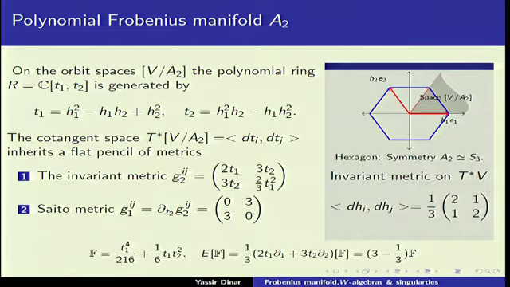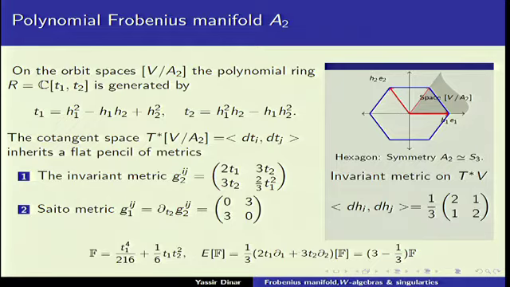These homogeneous polynomials have degrees 2 and 3 in this case of A2, and the cotangent bundle will be defined by the covectors of these two invariant polynomials. So the orbit space of this Coxeter group actually has two invariant metrics. The first one comes from the Euclidean space, and the second one is just the derivative of the first one. This defines a flat pencil of metrics.